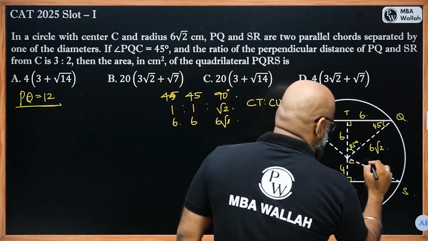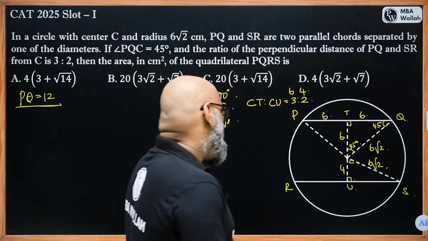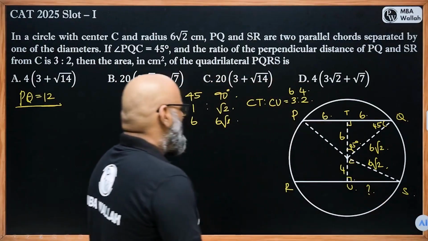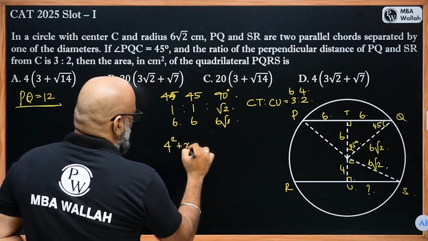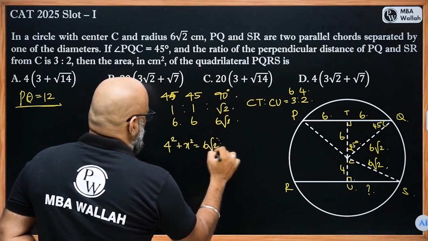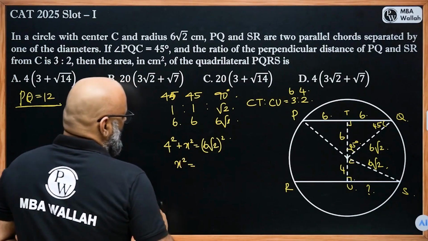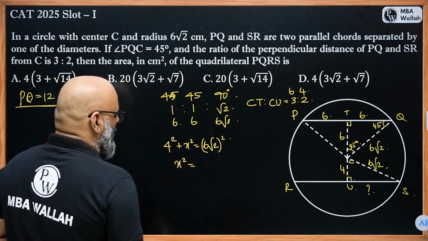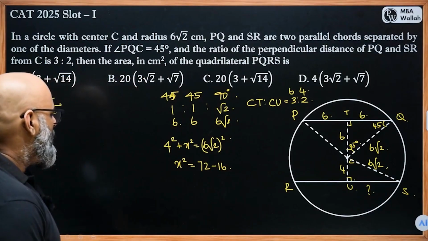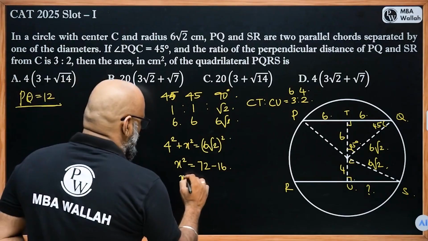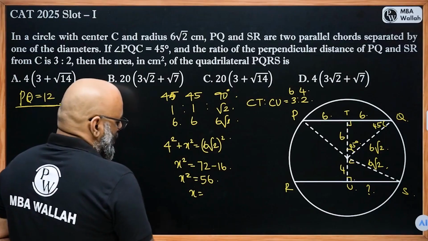Now this is 4, we know this. Now this is going to be 6√2 again because it is the radius. CS is the radius now. We need to find what US is equal to. You can apply the Pythagorean theorem here. 4 square plus x square is equal to 6√2 the whole square. So you will get x square is equal to 36 into 2 is 72 minus 16. So you will get x square is equal to 56, or x is equal to 4 into 14 under the root.